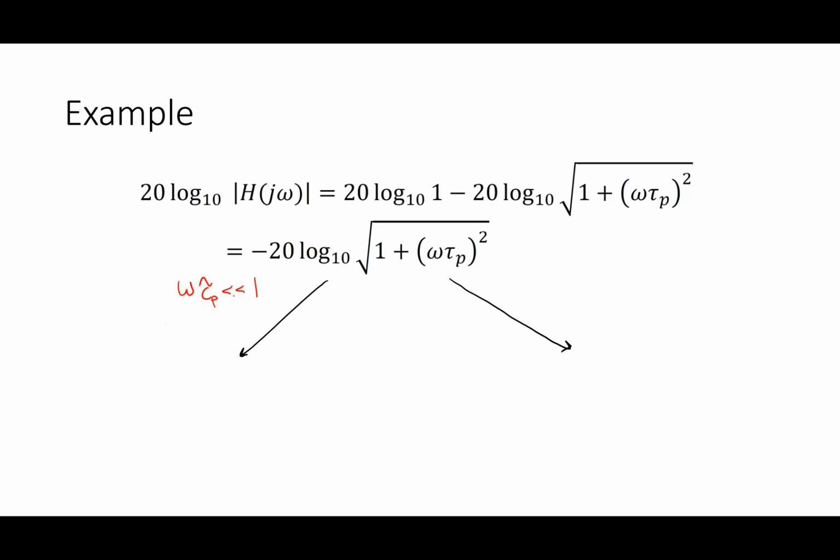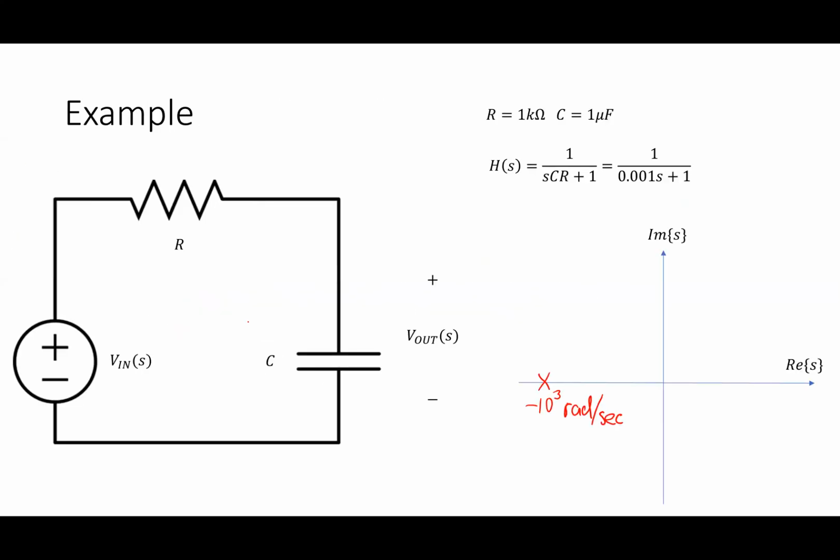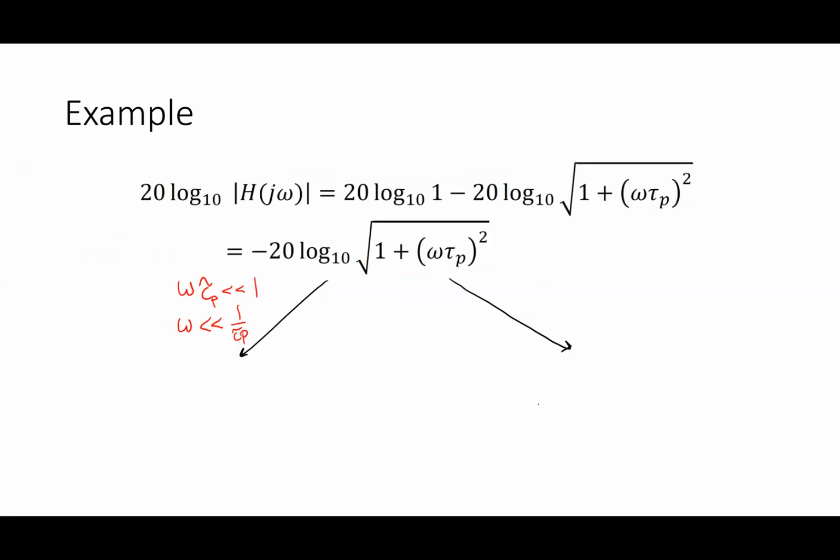So that tells me I can write this as omega much less than 1 over tau p. I just rearranged that expression. That says I'm looking at frequencies much lower than what I call the pole frequency. In my example circuit, this guy had a pole at 10 to the 3rd radians per second. So at a frequency much less than that, I can make an approximation.